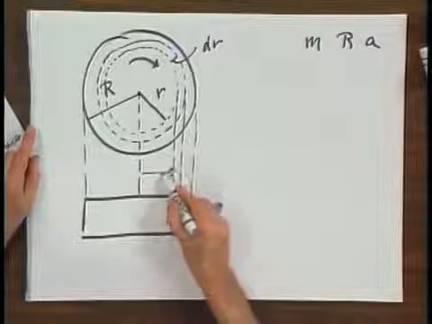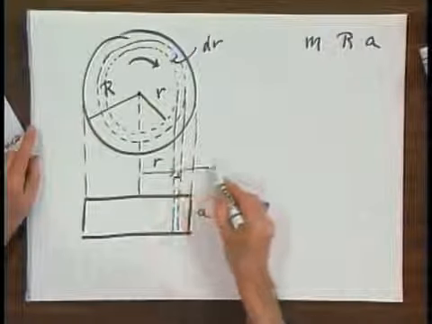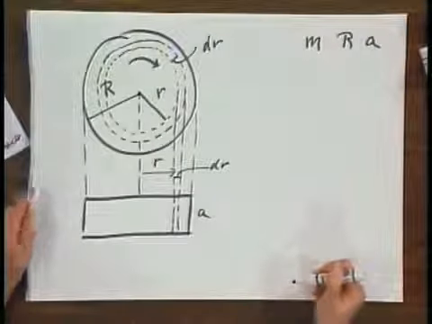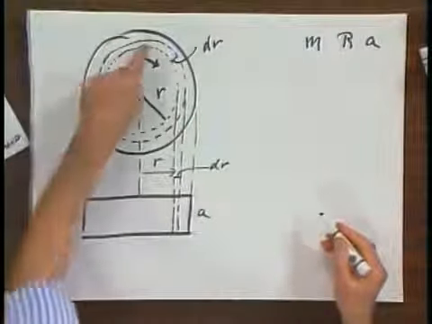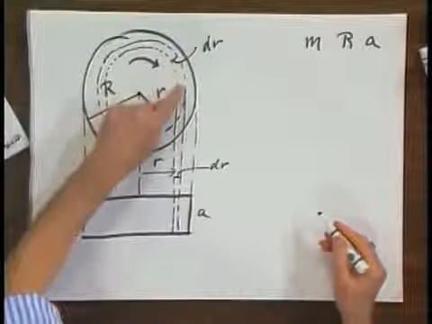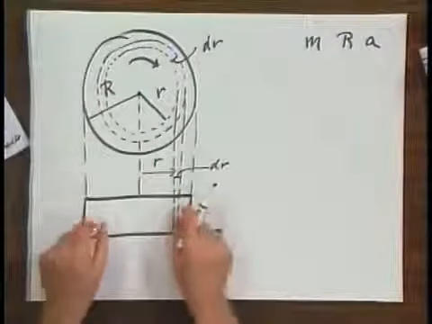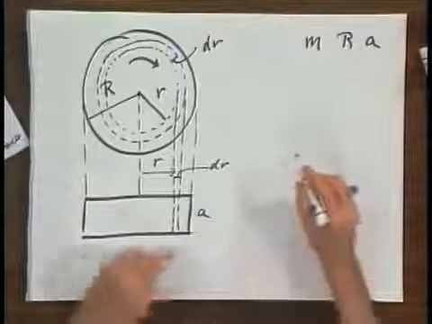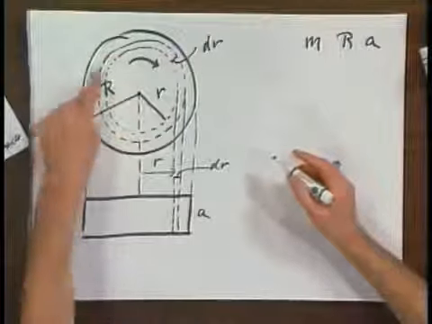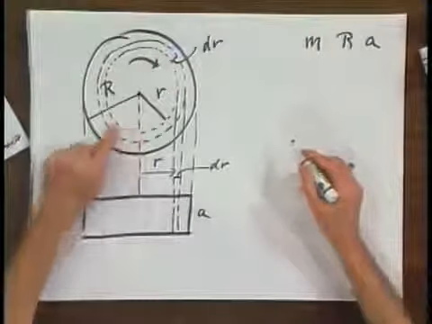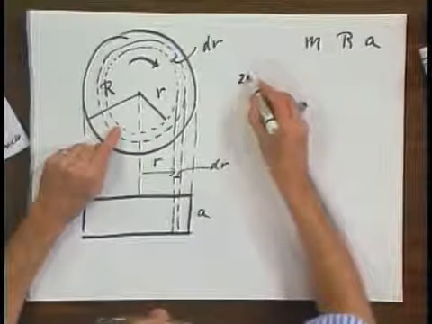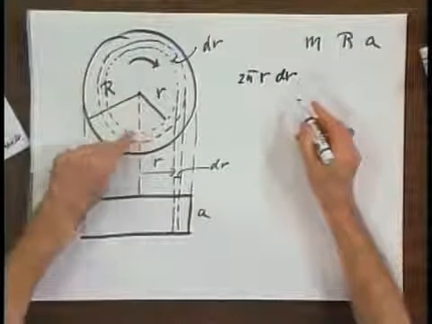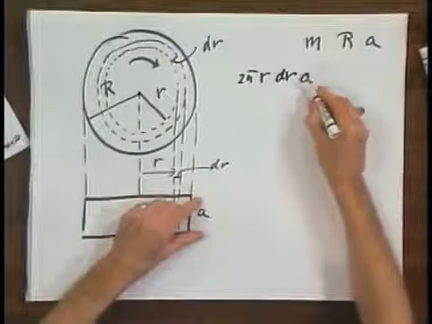So this is little r, and the thickness is dr. So which fraction of mass of the total cylinder is in this very thin cylinder, like a ring, which has a height a? Well, what is the volume of this ring? The volume is 2 pi r times dr, that's the surface of this ring, multiplied by a, that's the volume.